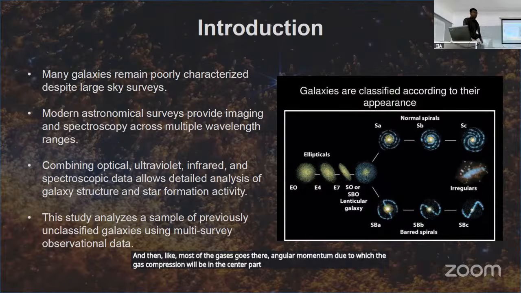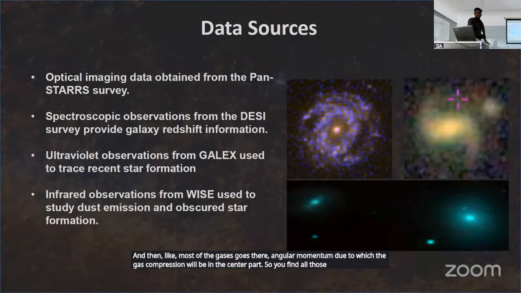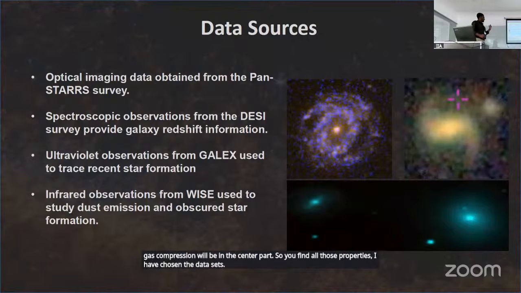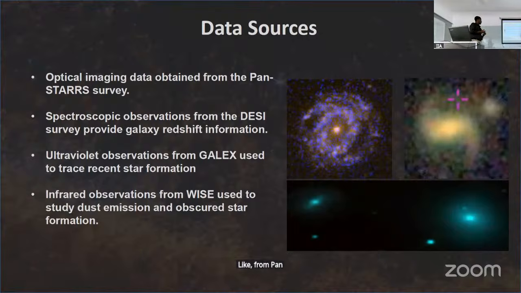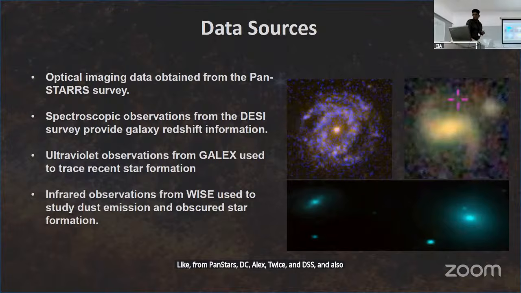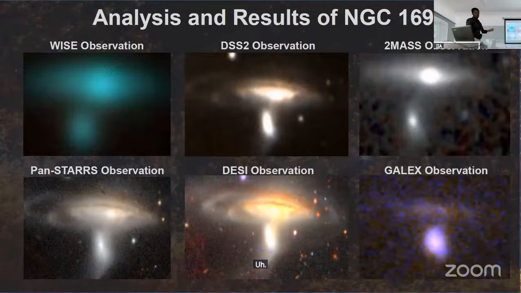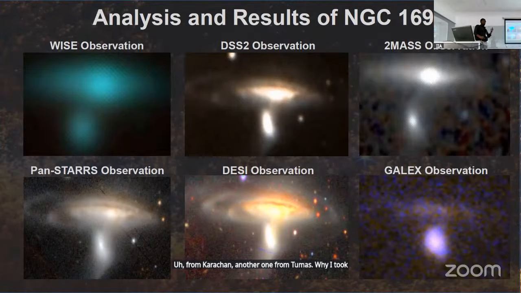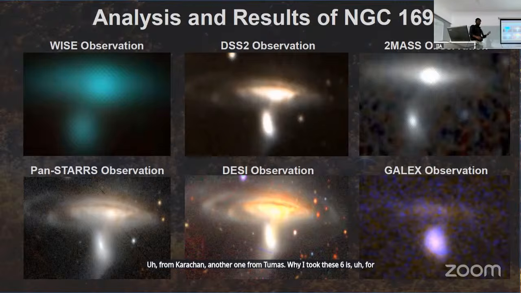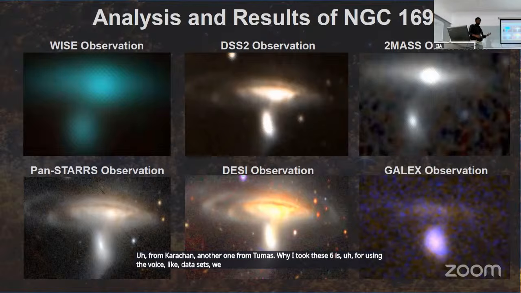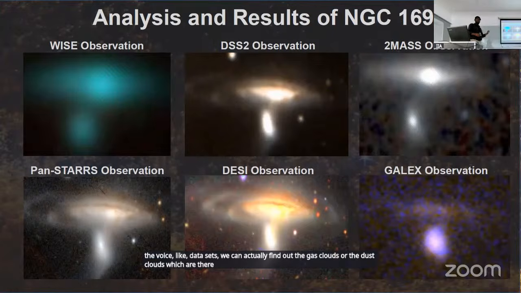To find all those properties, I have chosen the data sets from Pan-STARRS, DESI, GALEX, WISE, DSS, and one from MUSE. I took these 6 because using the WISE data sets, we can find out the gas clouds or the dust clouds which are formed during the galaxy merger.